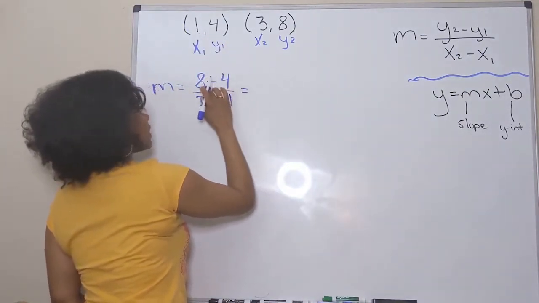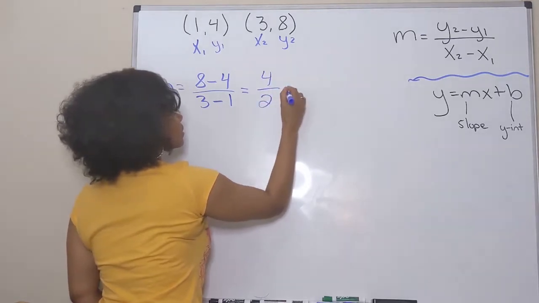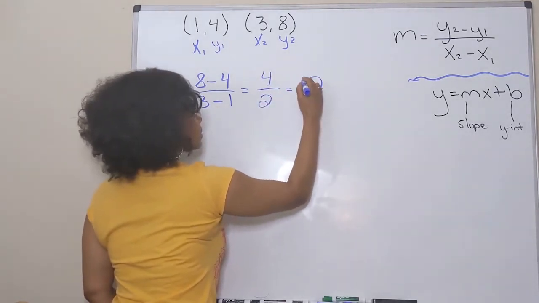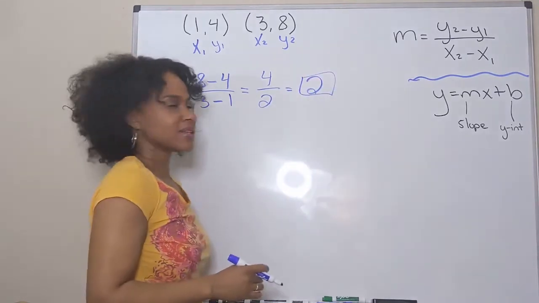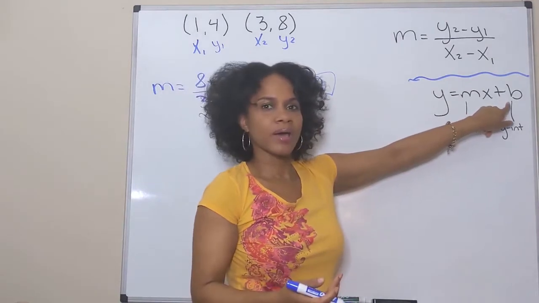I simplify it. 8 minus 4 is 4. 3 minus 1 is 2. And so my slope is 2.